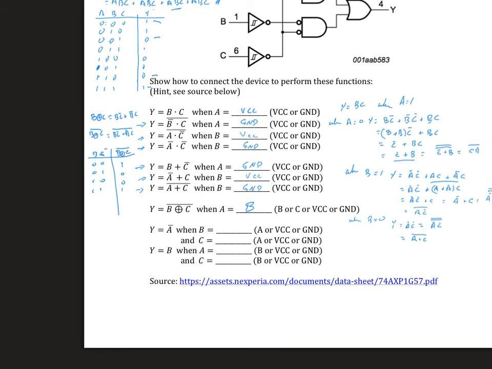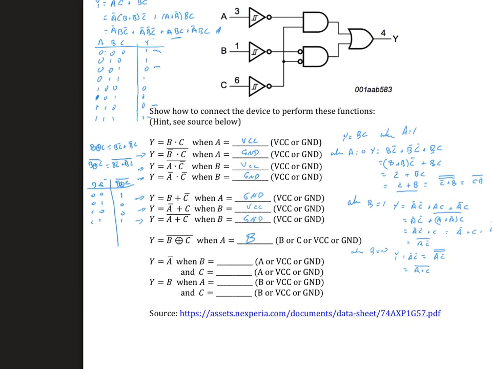Now, how would we get Y equal to A bar? Let's go back up to our original expression. Let me write it back down here. Y is equal to A bar B C, or A bar B bar C bar, or A B C, or A bar B C. Okay, so what can we do to B and C so that Y is equal to A bar?